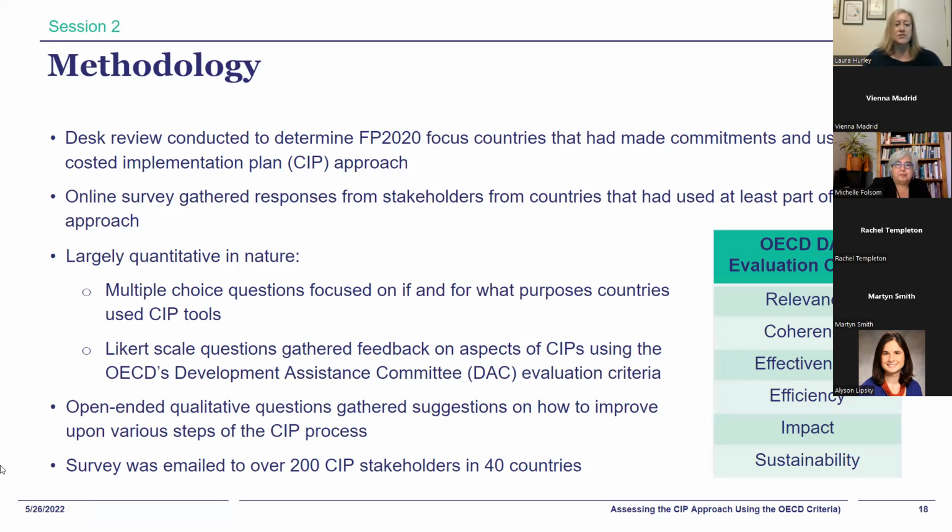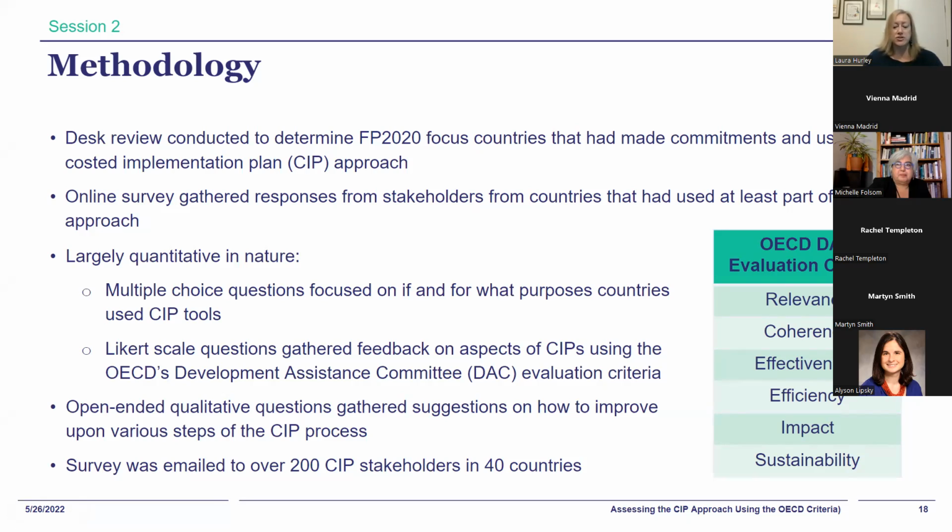So HP Plus first conducted a desk review to ascertain which FP 2020 focus countries had made commitments and used the CIP approach. We then developed an online survey for stakeholders in countries that used at least part of the approach. The online survey was primarily quantitative, using multiple choice and Likert scale questions with a few open-ended questions.